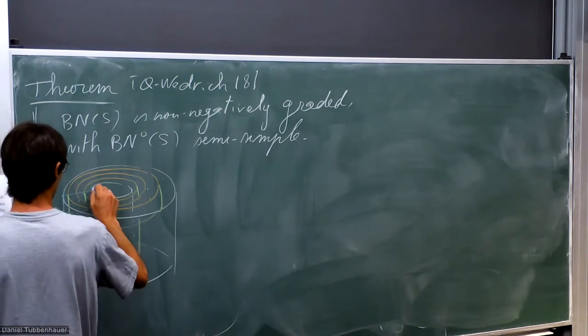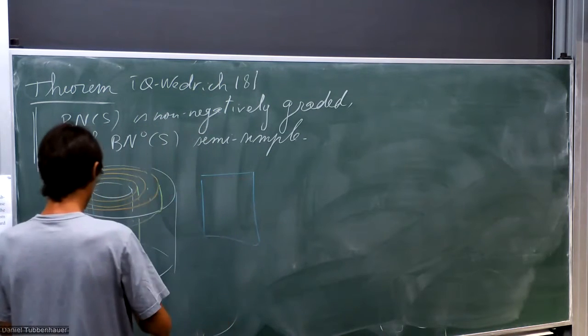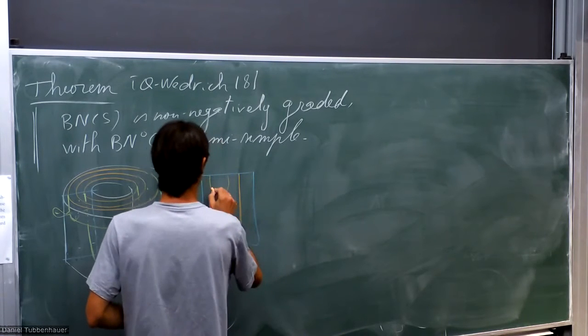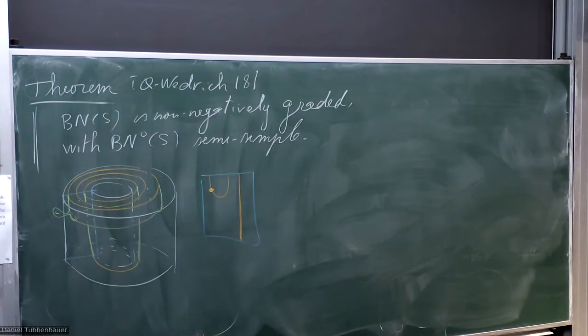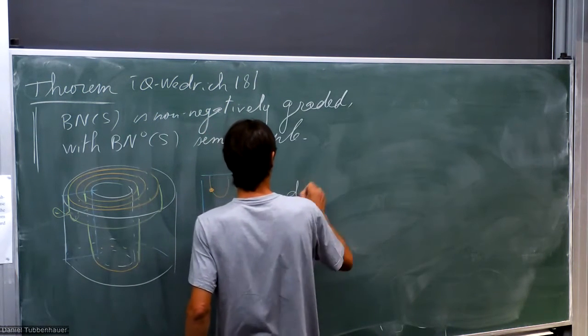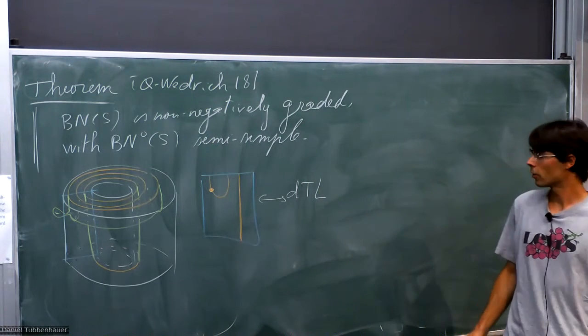But what I should point out is that if I take the section of my thickened annulus over here, what we get is exactly the Temperley-Lieb algebra that's appeared in my talk.